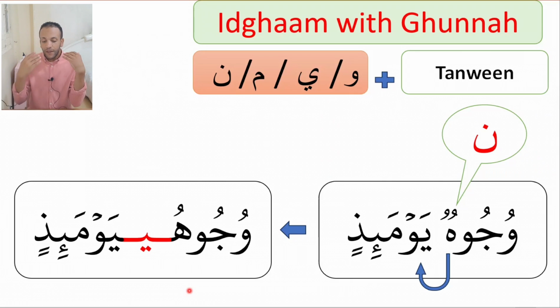So just practice, and you will find that you will be able to do these rules automatically, without needing at any time to add, change, put, or insert. You will do it automatically.